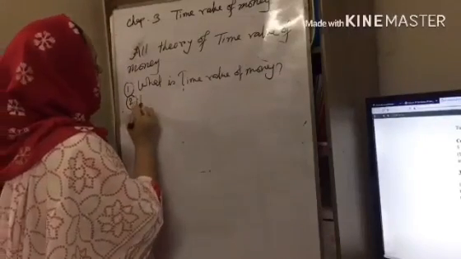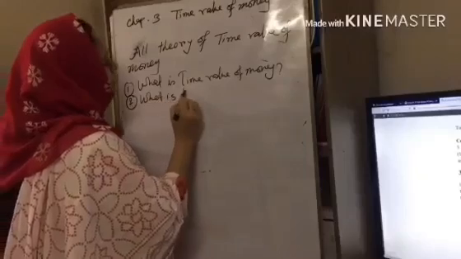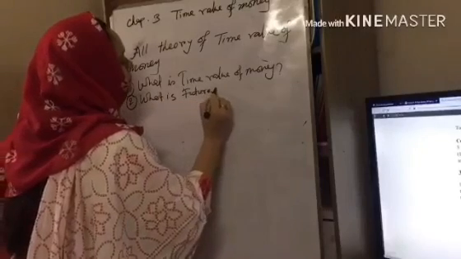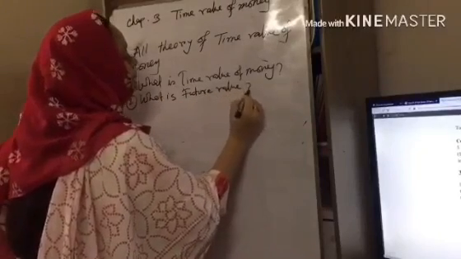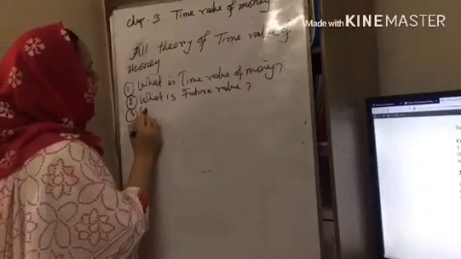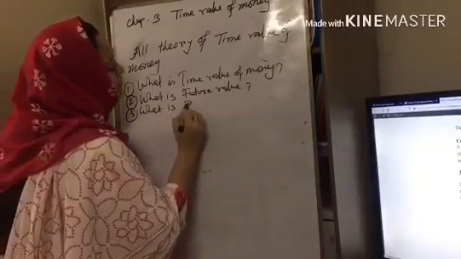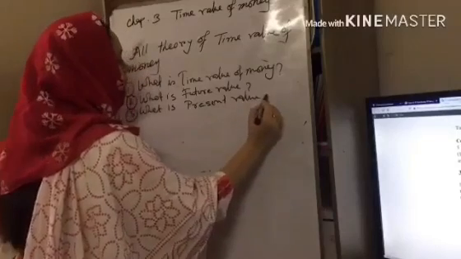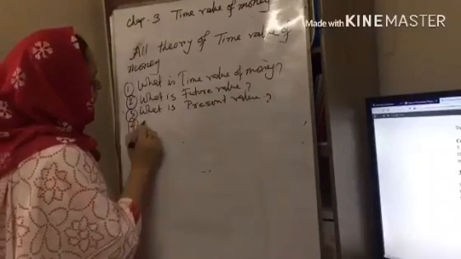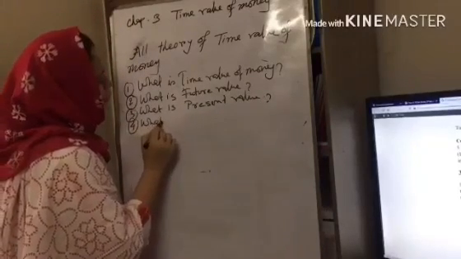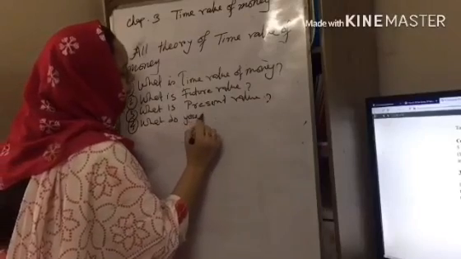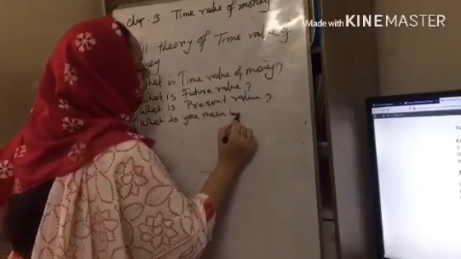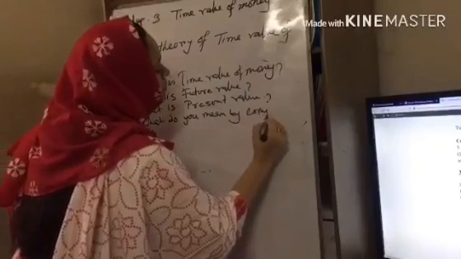Second, what is future value? What is present value? Number 4, what do you mean by compounding rate?